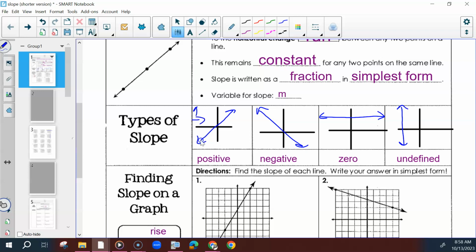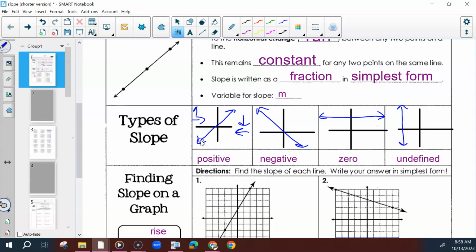Up and right are both positive directions, so if I have a positive over a positive, I'm going to end up with a positive. But I could also look at it the other way. So let's say I'm going right to left. Well, my rise is technically going down now, and I'm going to the left. Down and left are negative directions, but if I have a negative over a negative, I'm still going to get a positive. So either way, you get a positive.